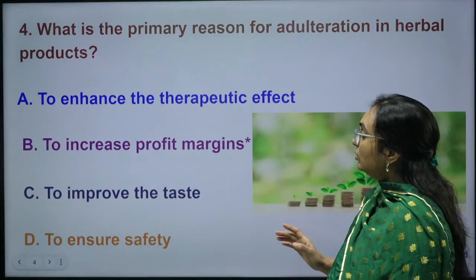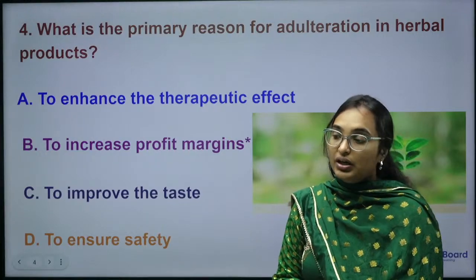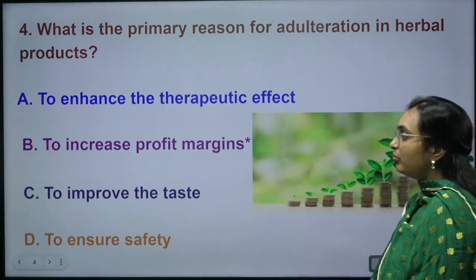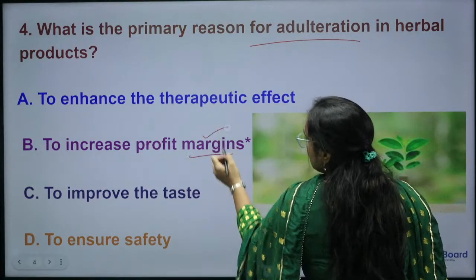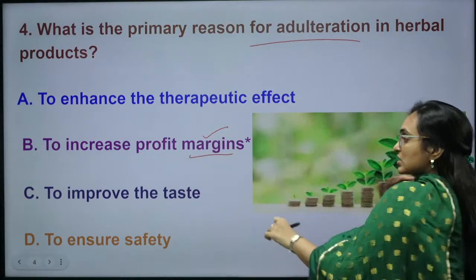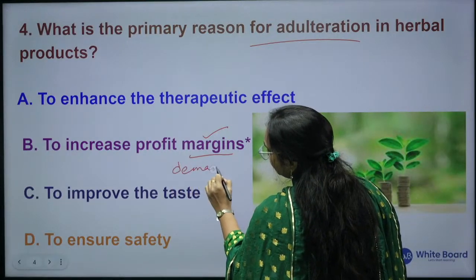Another important reason for adulteration is getting profits. For getting profit margins, adulteration is generally done. Another reason is meeting the demands in a cheaper way.